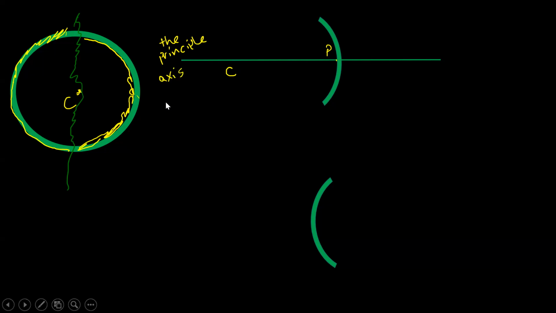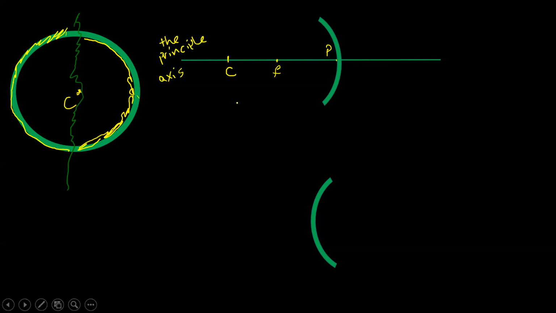Focal point is halfway between the mirror and the center of the curvature. So if here is the center, and we divide this length by 2, the point at the middle, we show it with F, and we name it the focal point.